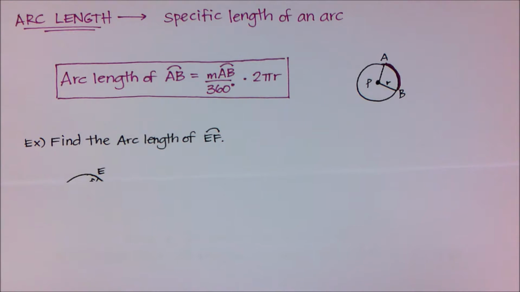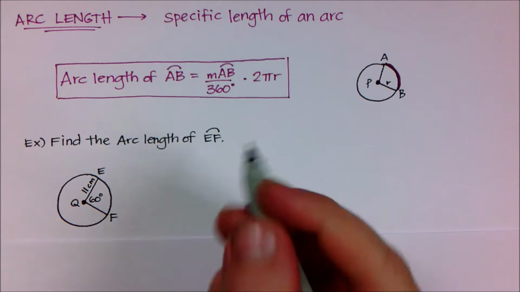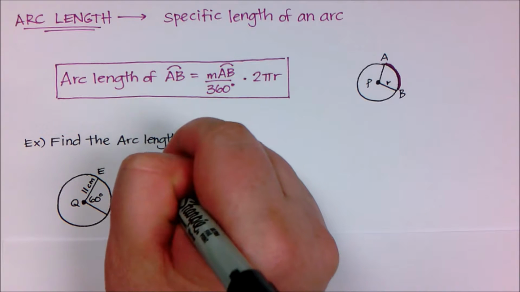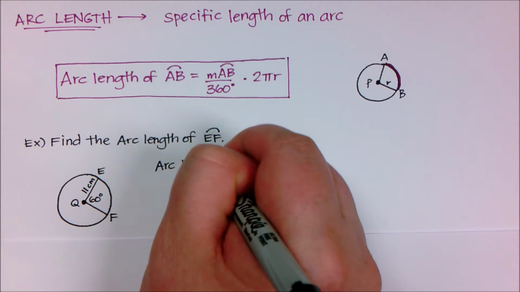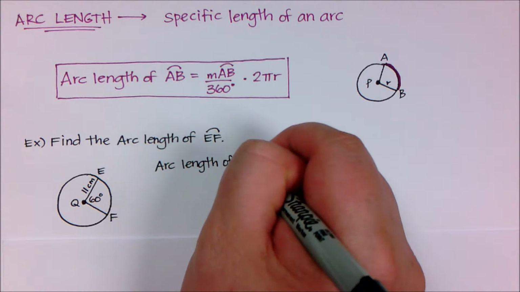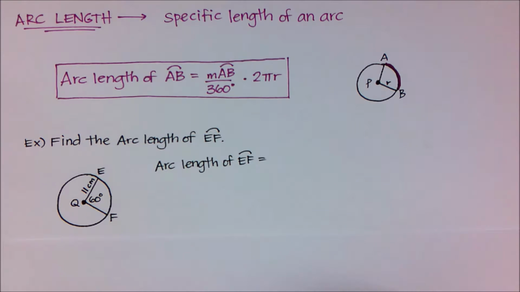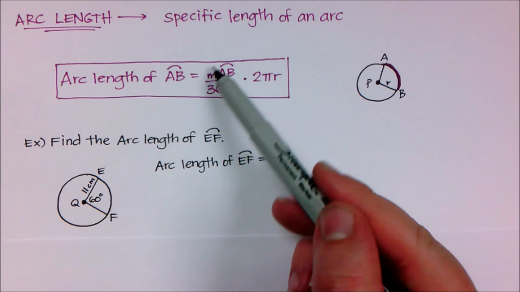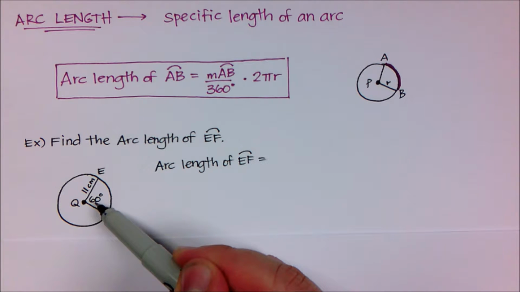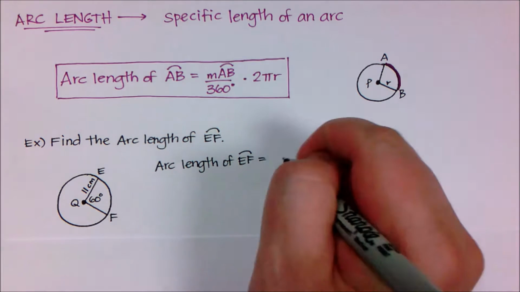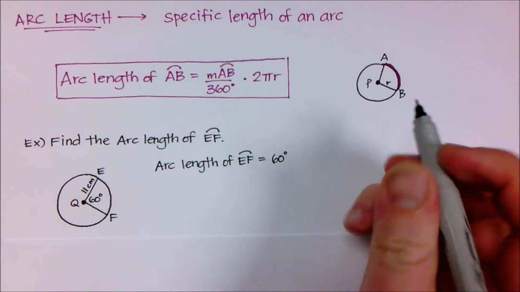So, if we are asked to find the arc length of EF, which I already have drawn for you here, let's write our formula. Arc length of EF is going to be the measure of the arc from E to F. Since the angle right here is 60 degrees, that also means that this arc is measured at 60 degrees.